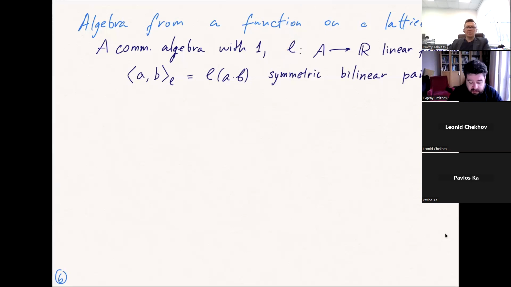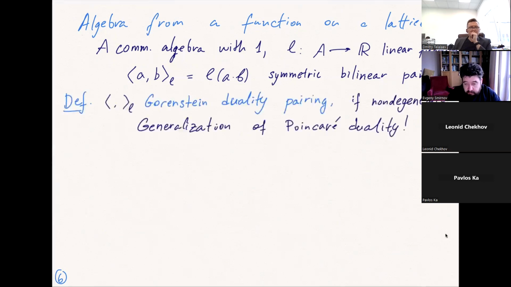I'd like to emphasize that in this case I don't require A to be graded. This is just an arbitrary commutative algebra with identity. Out of all bilinear forms, we like the non-degenerate forms the most. So let me say that I call my pairing defined by a function L a Gorenstein duality pairing if it is non-degenerate.